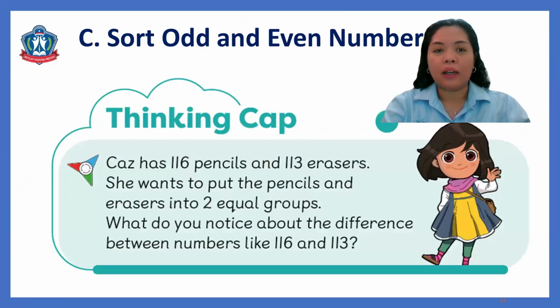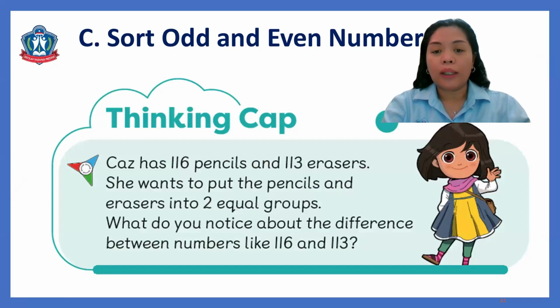Okay, for our thinking cap, this is Kaz. Kaz has 116 pencils and 113 erasers. He wants to put the pencils and erasers into two equal groups. What do you notice about the difference between numbers like 116 and 113?